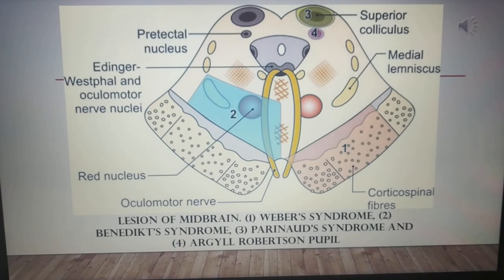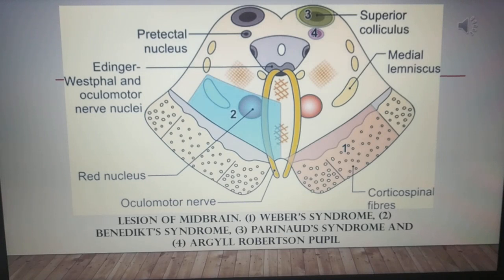When the oculomotor nerve is involved, we know the oculomotor nerve supplies the extraocular muscles of the eye, so lateral squint and ptosis on the same side may be the symptoms of Benedict's syndrome. And we have said the red nucleus is also concerned with muscle tone action, so there will be tremor and twitching movement of the opposite arm and leg. This is about Benedict's syndrome.